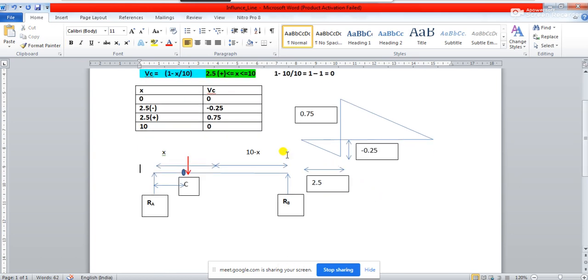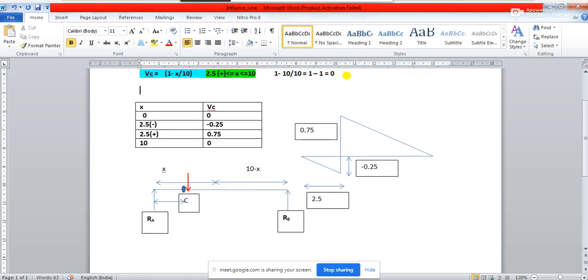So what should I say? This diagram should be called the influence line diagram for shear force at C. Okay, so this diagram is actually the influence line diagram for shear force at C. And have you understood it?